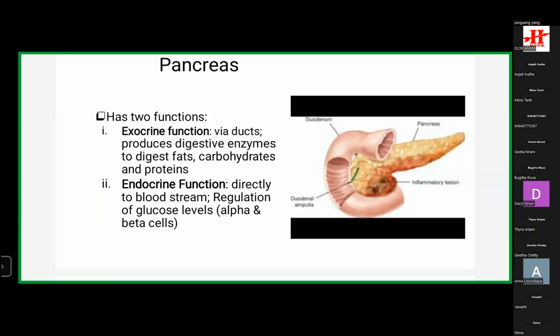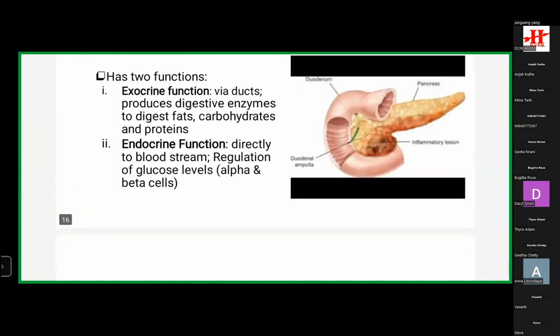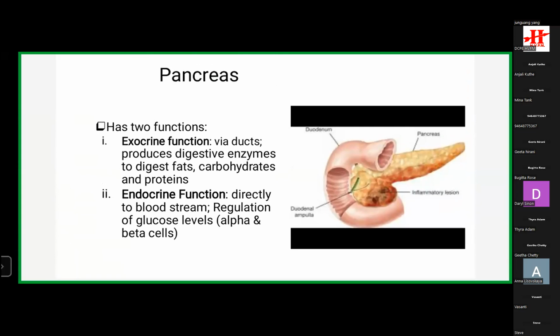The exact location of this gland is near the duodenum, and it lies on the posterior abdominal wall. It covers the posterior abdominal wall. Okay. So the right side of the organ is the head. You can watch here in the diagram. The gland is located in the C of the duodenum.